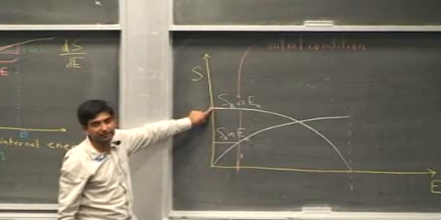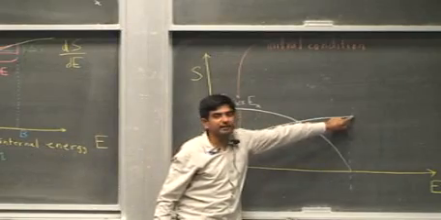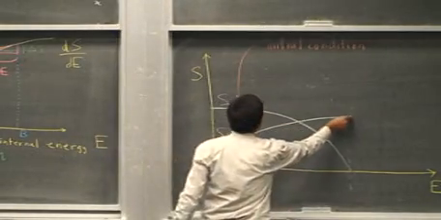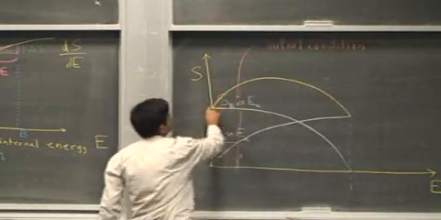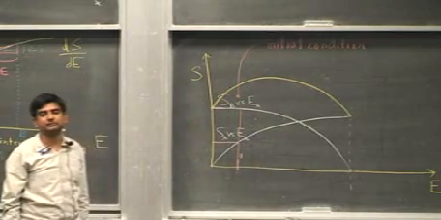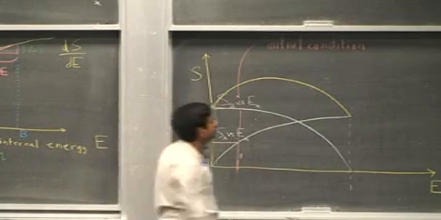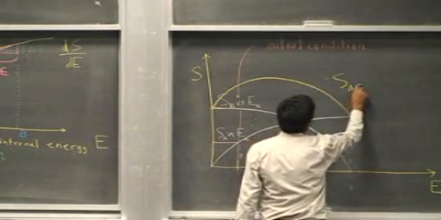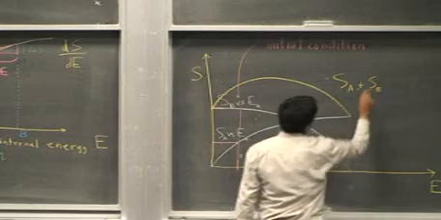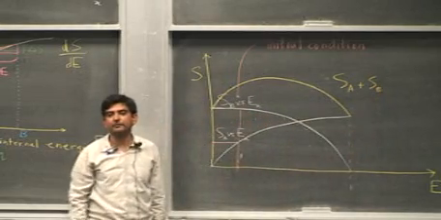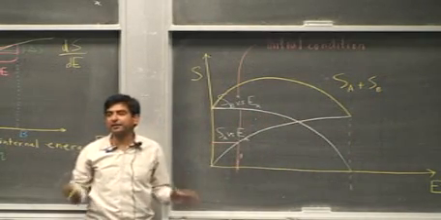It's going to be equal to SB. Here it's going to be equal to SA. So the sum will look like this. Now let me finish, please. This is SA plus SB. Alright, this is the total entropy of the system.